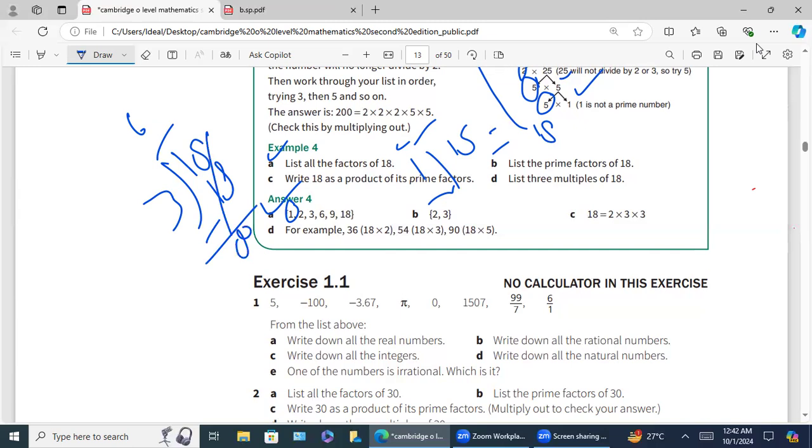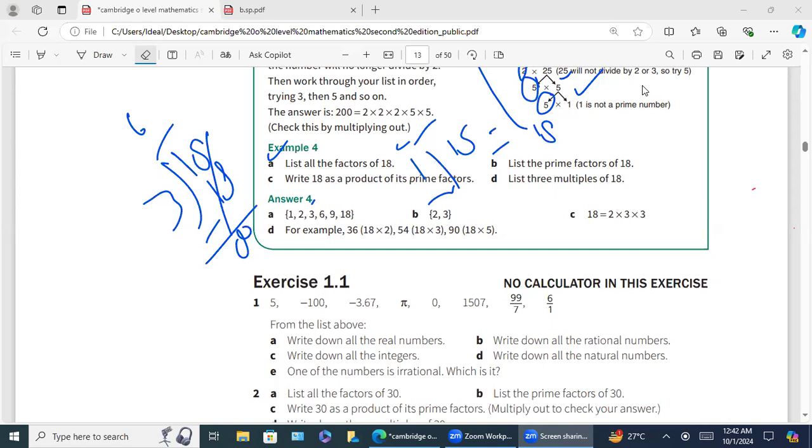And 9, you get 2. And 18, you get 1. So these all are simply the factors of 18. Is it okay? There are no other factors besides these. So dear students, these are the factors of 18.